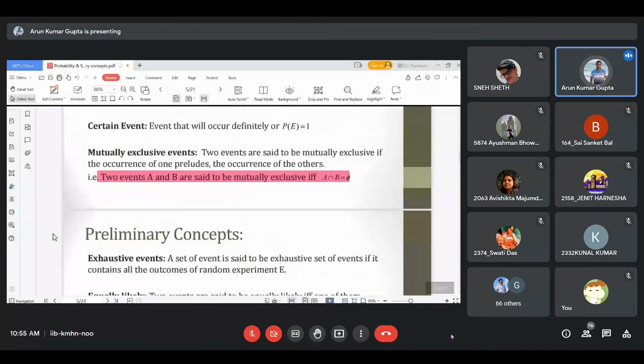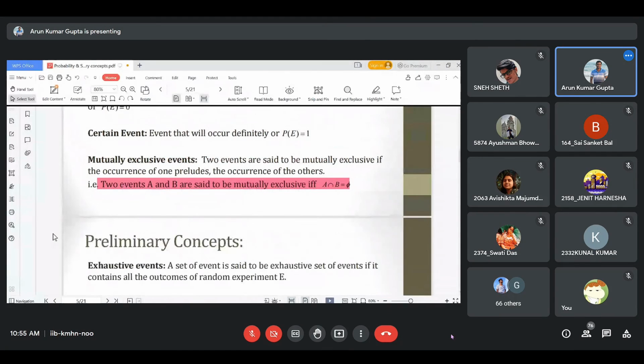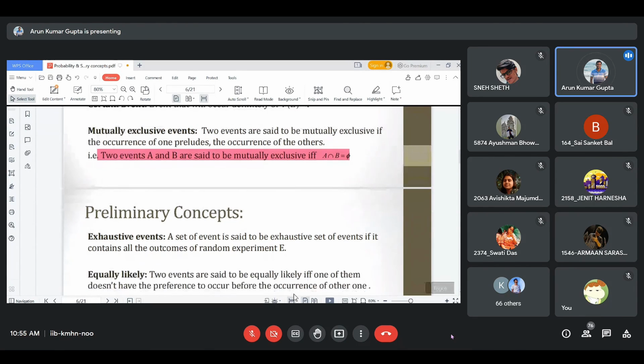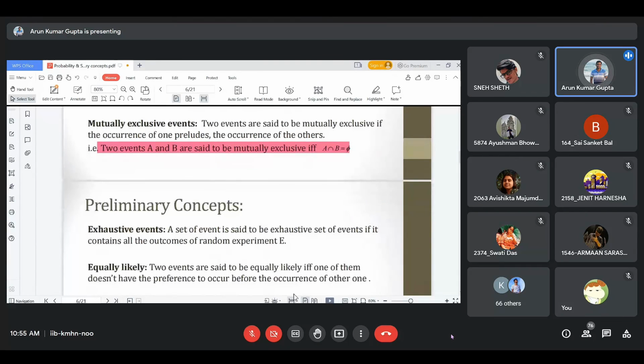चलो, equally likely events. Like all of the outcomes having the same probability to occur. Exactly. Two events are said to be equally likely if and only if one of them doesn't have the preference to occur before the other one.